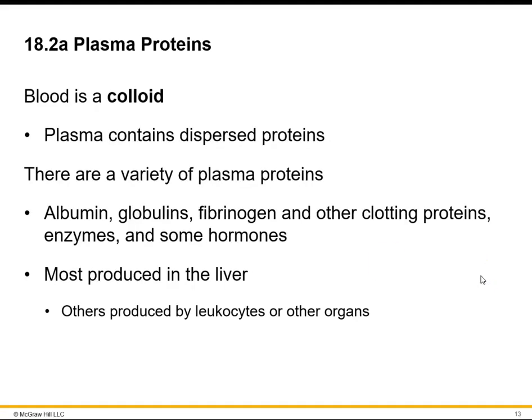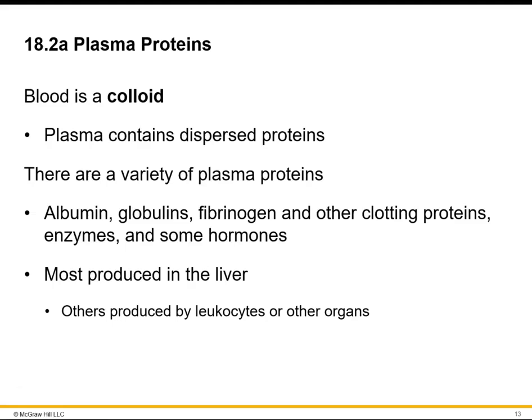All right, blood is a colloid, and essentially what a colloid is, it's a mixture of microscopic particles that are suspended in a fluid, and these microscopic particles do not settle out of the suspension.